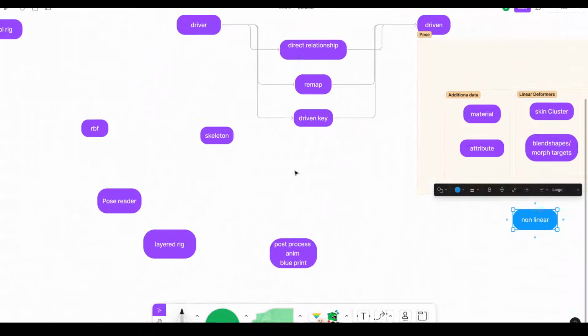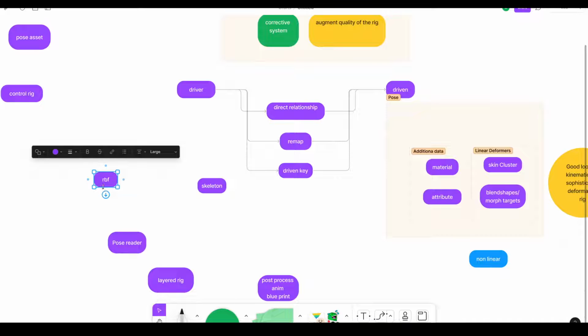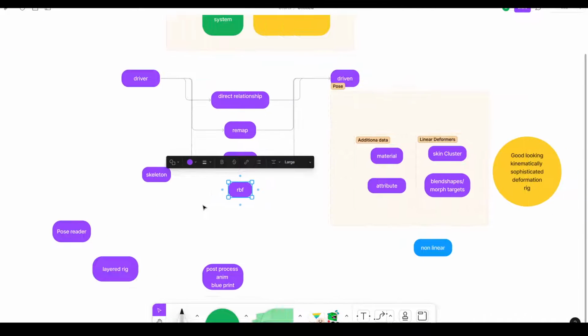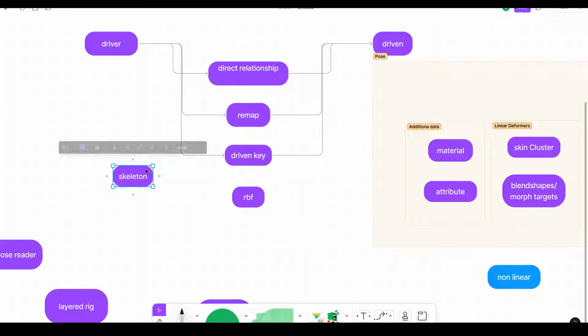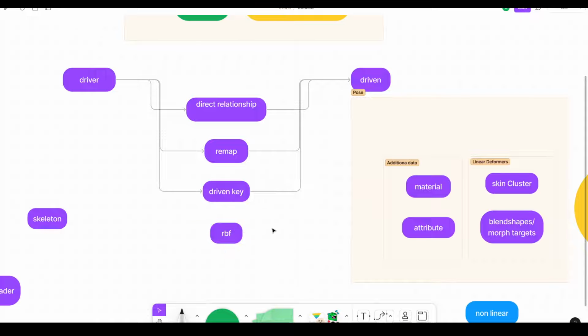Or if we want to go into something a little bit more complex, you may have heard of the word RBF, which is a much more sophisticated solver and is something that we're going to use today, where RBF stands for radial basis function.